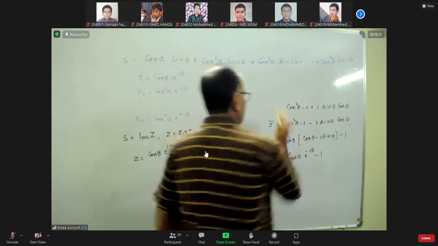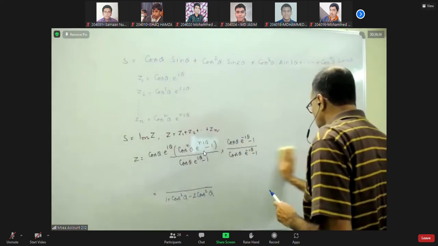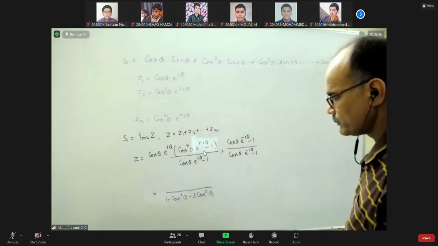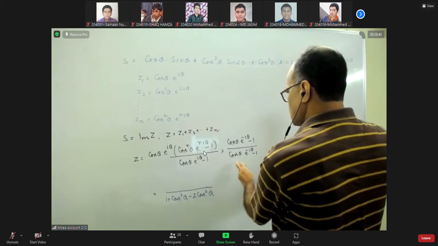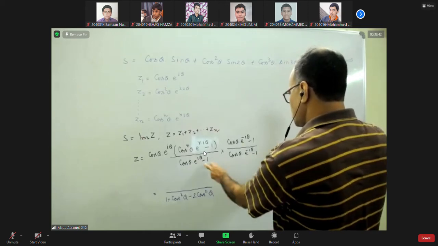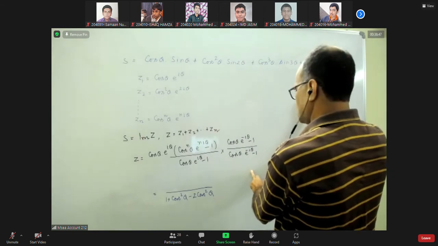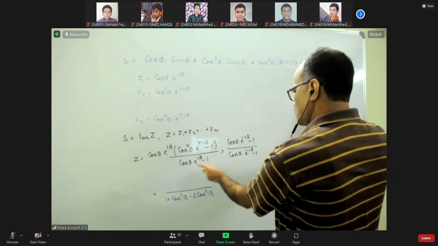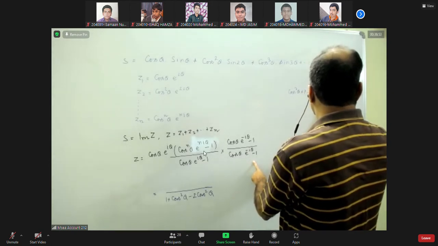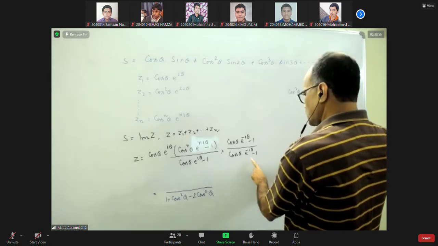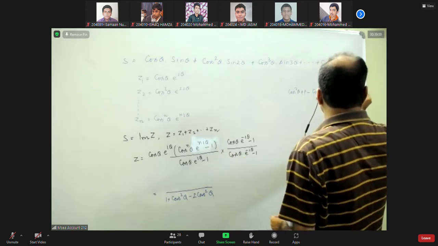I'll show you. This into this cos square theta plus 1 minus cos theta e to the power I theta minus cos theta or minus I theta.